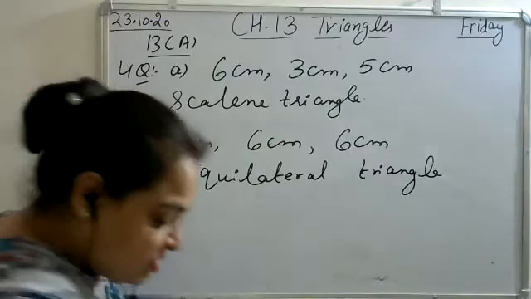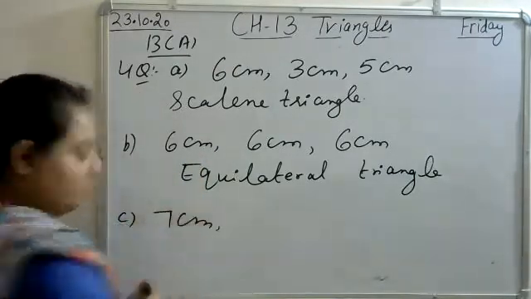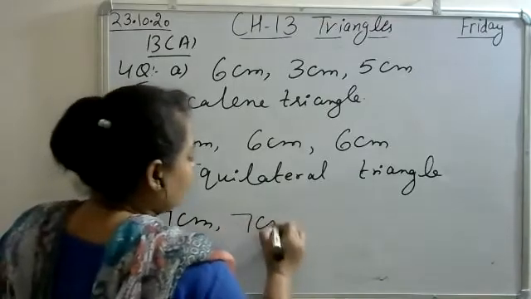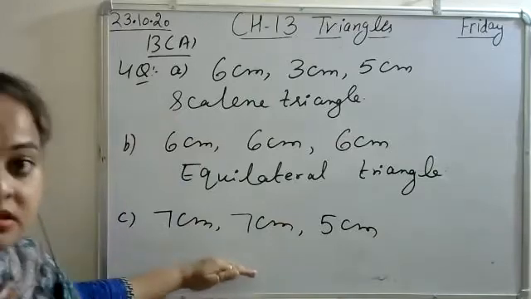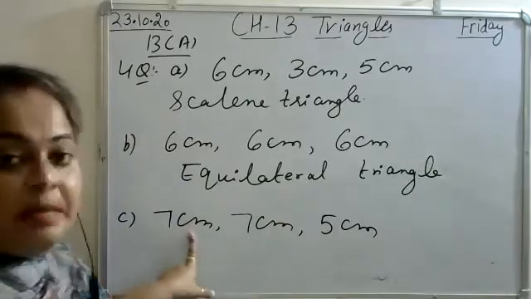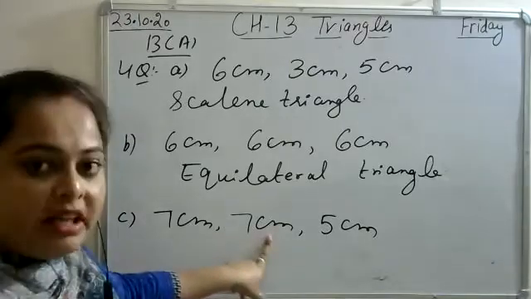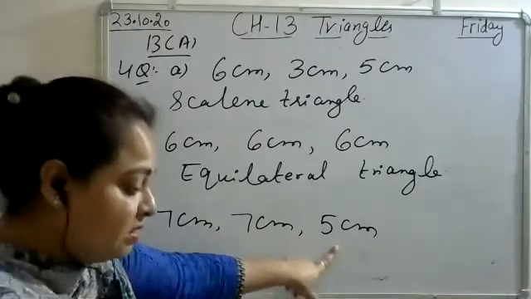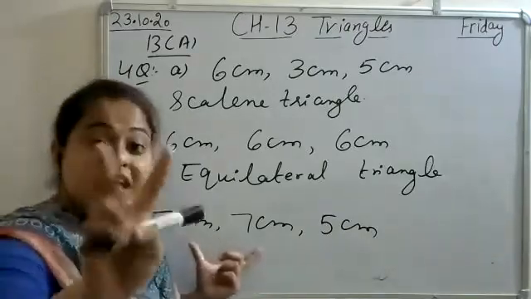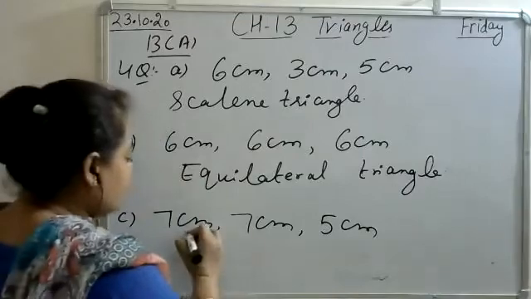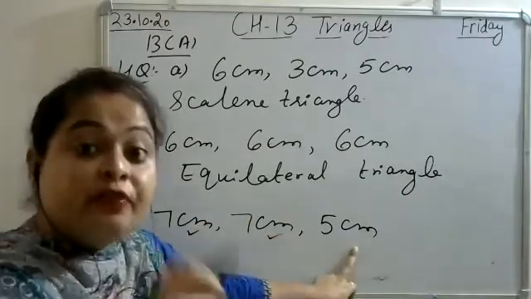So, next, C part, 7 centimeter, 7 centimeter, 5 centimeter. Very good, Radhika. I saw. Two sides are equal. This is 7 centimeter, 7 centimeter, and the third side is different.